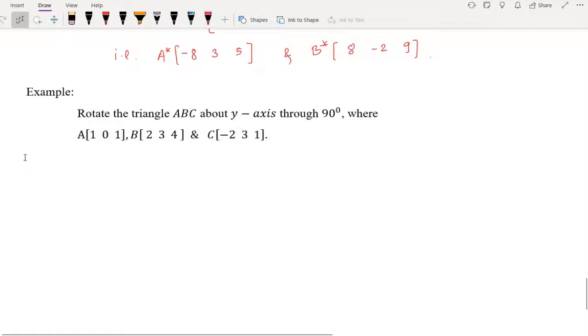As usual, first we have to write the position matrix of the given object. Now how to write the position matrix? Position matrix of triangle ABC.